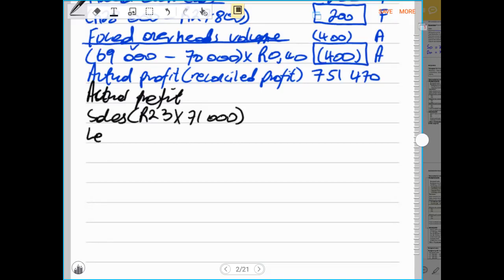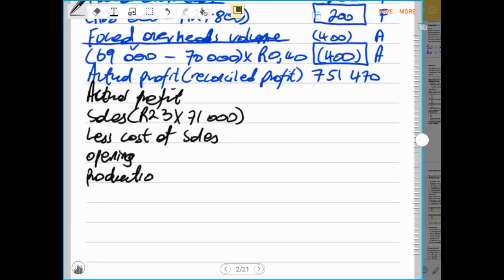Then I have to subtract my cost of sales, and my cost of sales will be made of the opening inventory, plus the production, if you remember. And my production can be made of 2 materials and the closing.